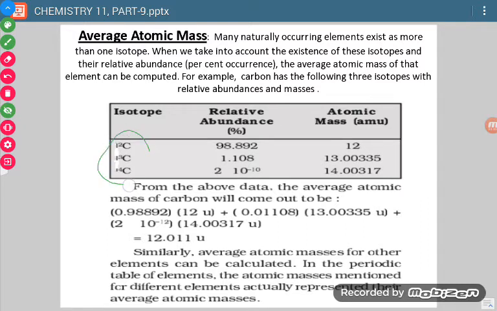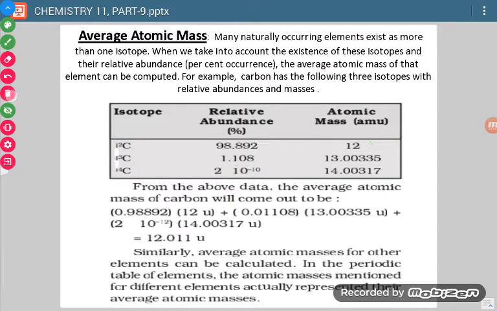If we take carbon, it exists as carbon 12, carbon 13, carbon 14. One has mass 12, one has 13, and the other has 14. Their relative abundance means what percentage they are present in. Their atomic mass values are taken as exact values.